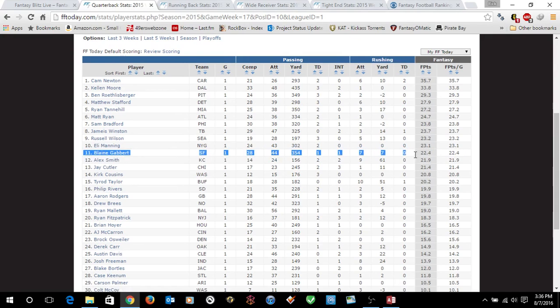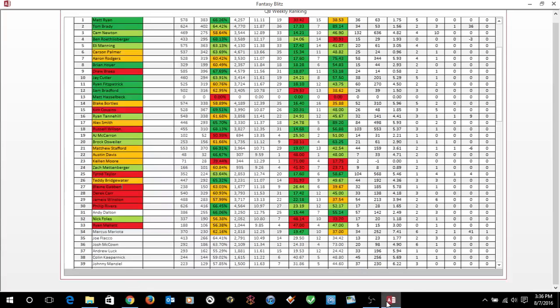You can see Blaine Gabbert absolutely lit it up. He ranked number 11 of all quarterbacks in the league, 28 of 44, 354, one INT, and he rushed. So he gave you 22 points at probably a premium in the competition websites. Let's go take a look at another one.